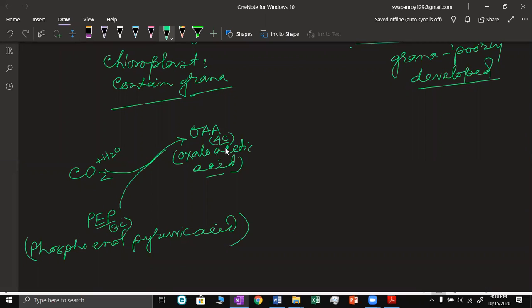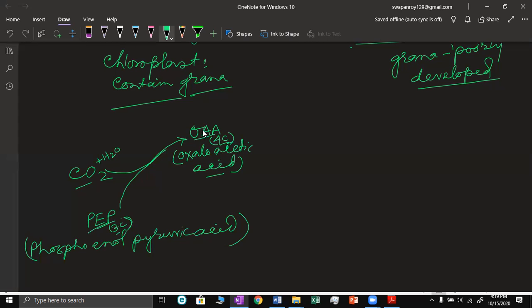So the compound that absorbs carbon dioxide is a three carbon compound PEP and forms oxaloacetic acid, which is a four carbon compound. So the first stable product is a four carbon compound organic acid.